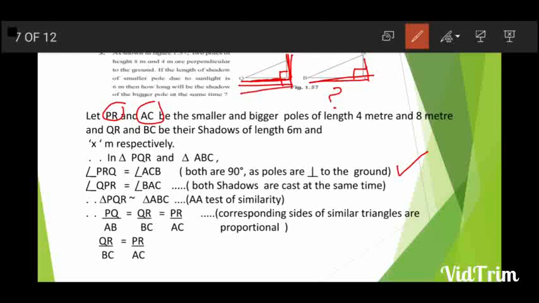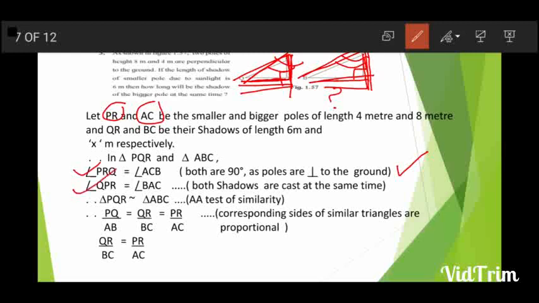Angle PRQ is equal to angle ACB is equal to 90 degree, since they are perpendicular. Next, angle RPQ is equal to angle CAB. These two are congruent. What is the reason? Because both the shadows are cast at the same time, they will definitely be congruent.